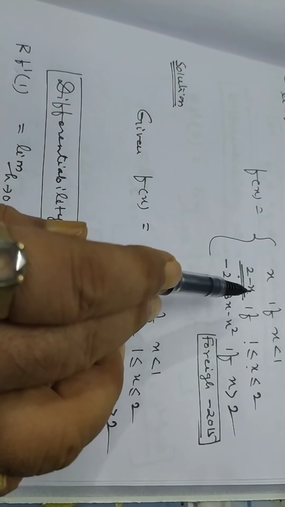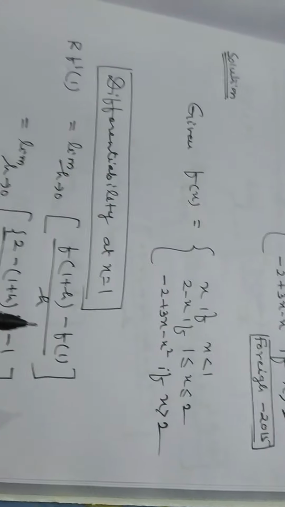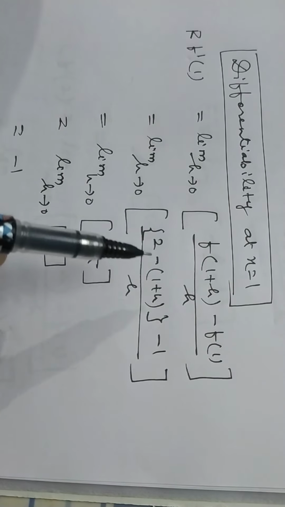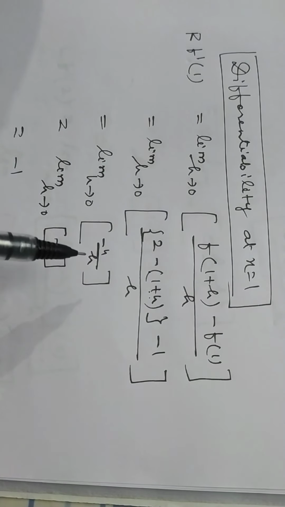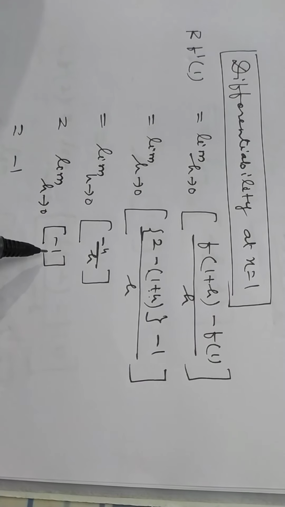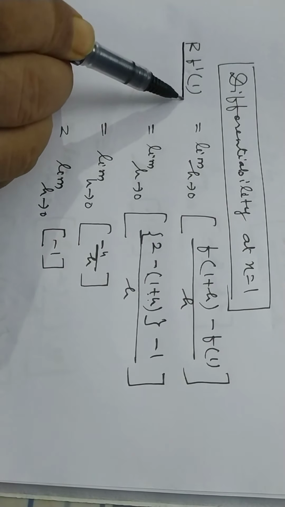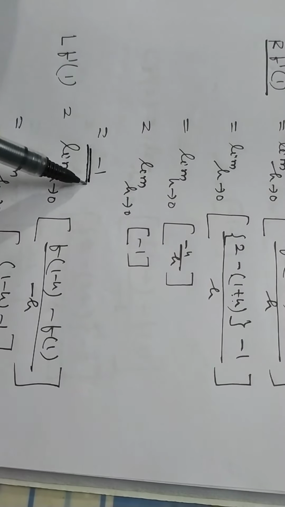So for right hand side differentiability, we take this branch. Keep in your mind. So (f(1 + h) - f(1))/h is (2 - (1 + h) - 1)/h, and it will be -h/h, and it will be -1. So the value of right hand side derivative at the point 1 is -1.